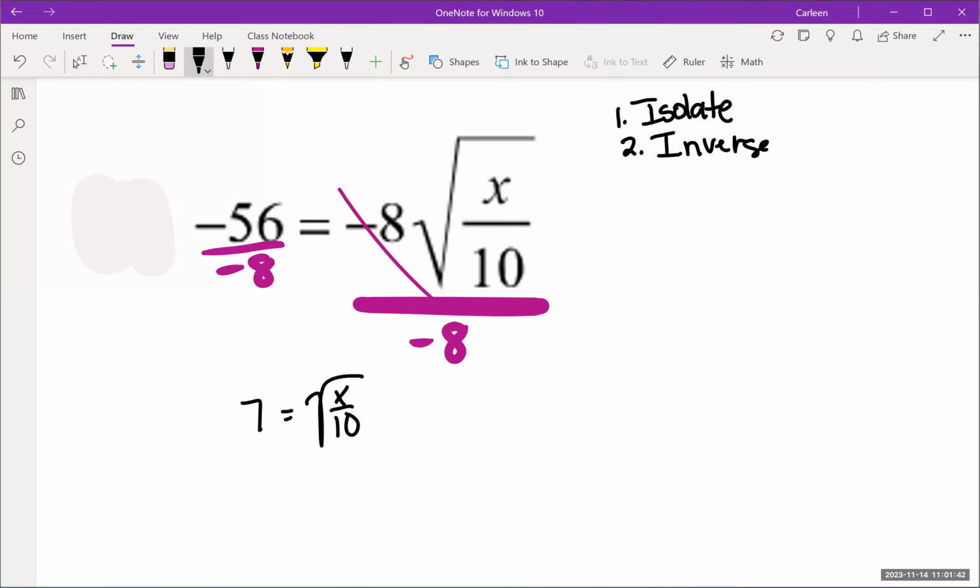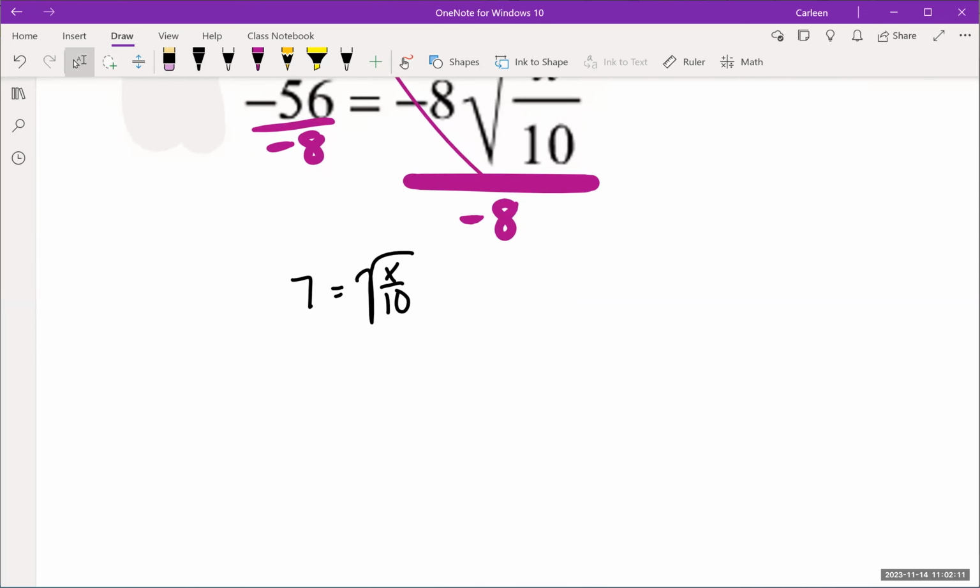Now, does everyone see that you cannot multiply both sides by 10? Why can I not multiply both sides by 10? It is part of the square root with the x. Yeah? So it's very important that you see that that 10 is inside the house. You cannot multiply both sides by 10.